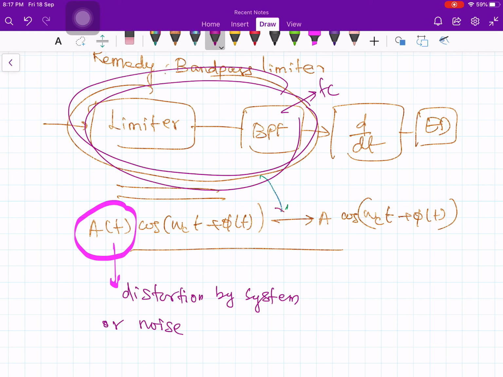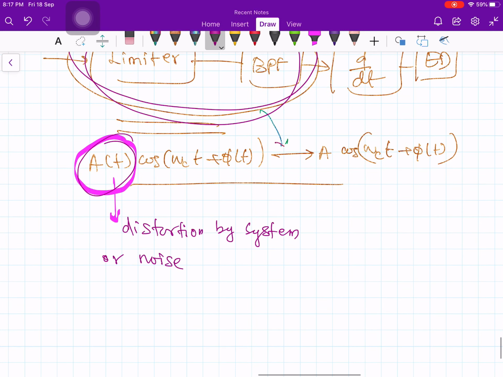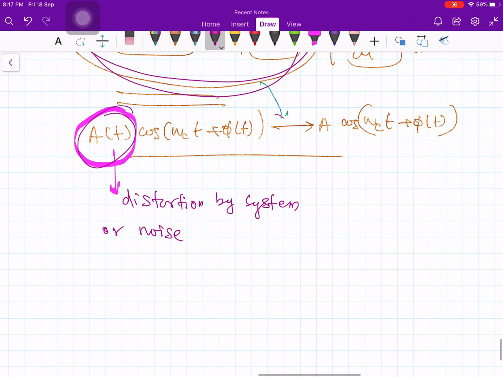The input to this contains not only your angle modulated signal, but also the instantaneous amplitude A of t, because it is a function of time. Actually it should have been a constant value, but it is not now. So the input may have some temporal variation, some variation with respect to time, which we want to kill.